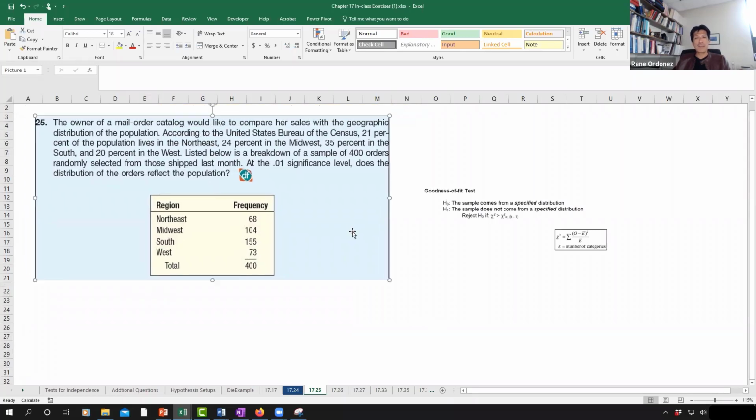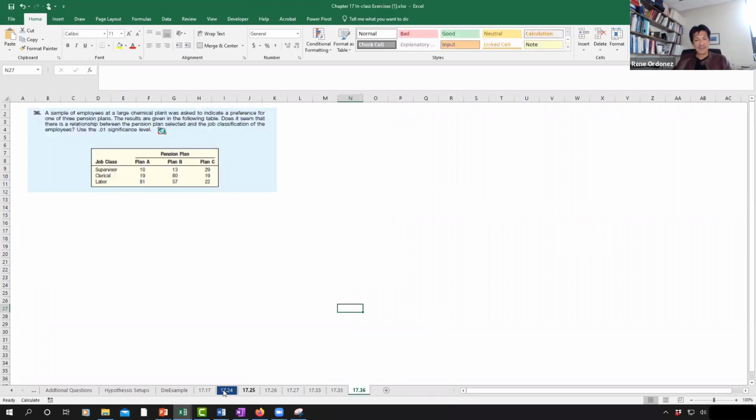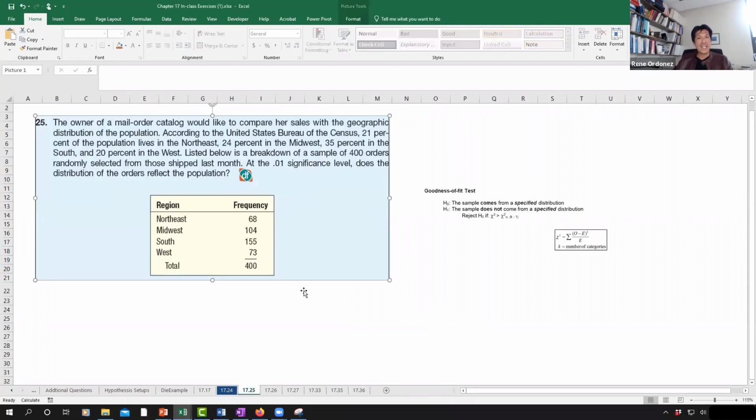All right, so I'm going to let you do this on your own. 1725. The owner of a mail order catalog would like to compare her sales with the geographic distribution of the population.